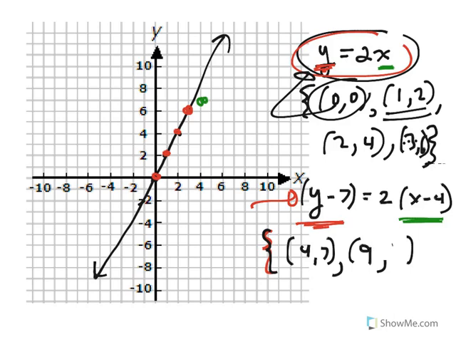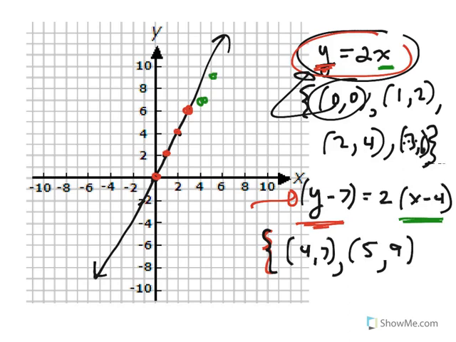And for the x here, I have to put in 5. So there's a second point, 5, 9, which is over here.